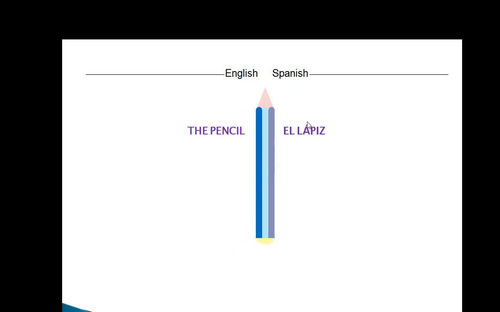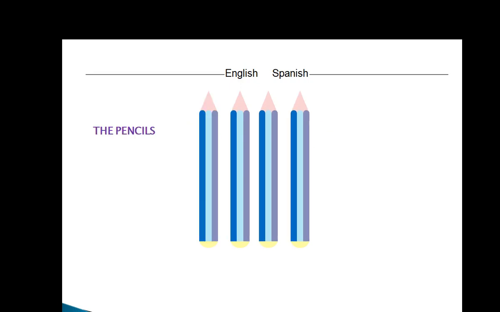And since this A has an accent over here, we are giving a little bit of stress to indicate the accent, el lápiz. And when we are talking about the pencils, el becomes los, and then we are left with lápiz. So here is again a rule breaker.